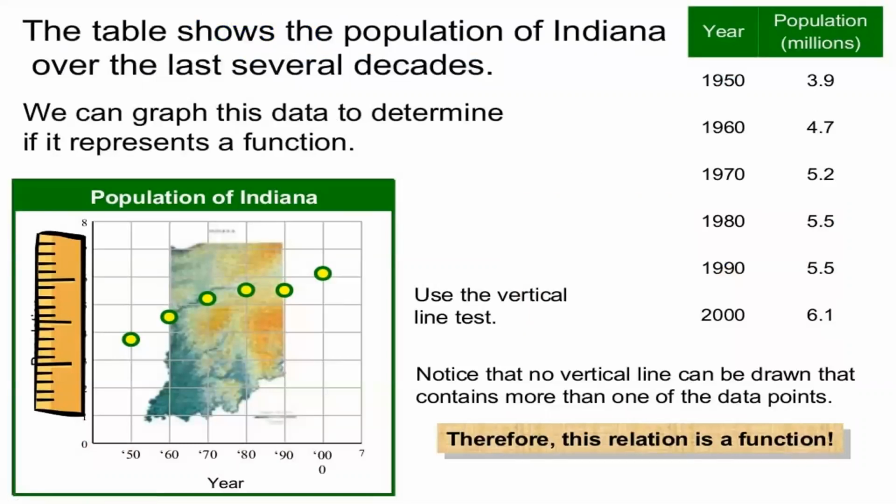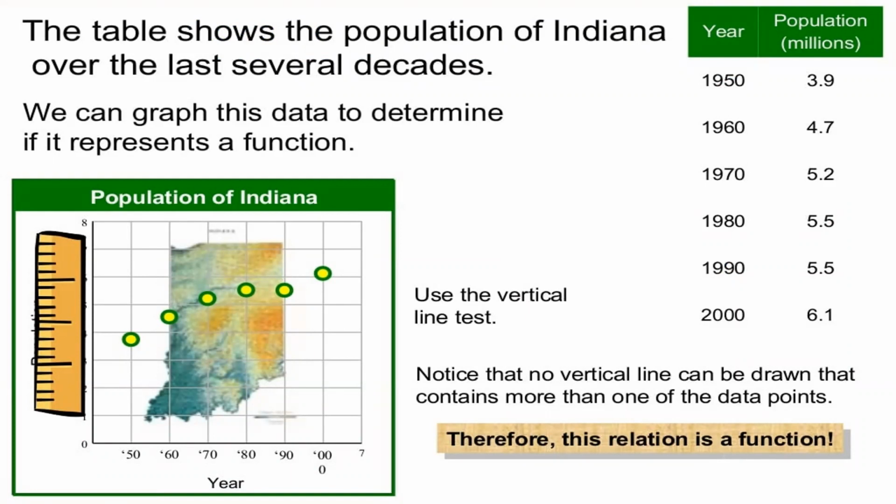So let's have a real life situation. The table shows the population in Indiana over the last several decades. We can graph this data to determine if it represents a function. So use the vertical line test.